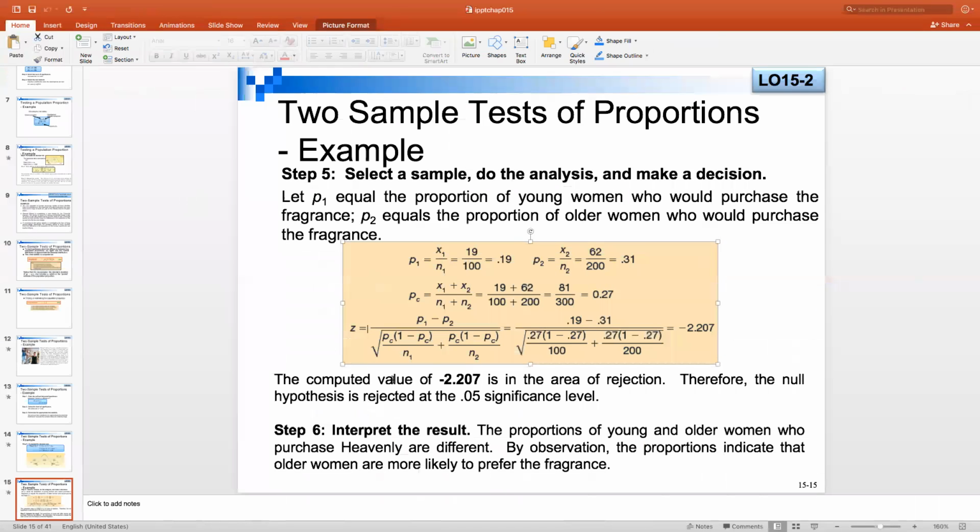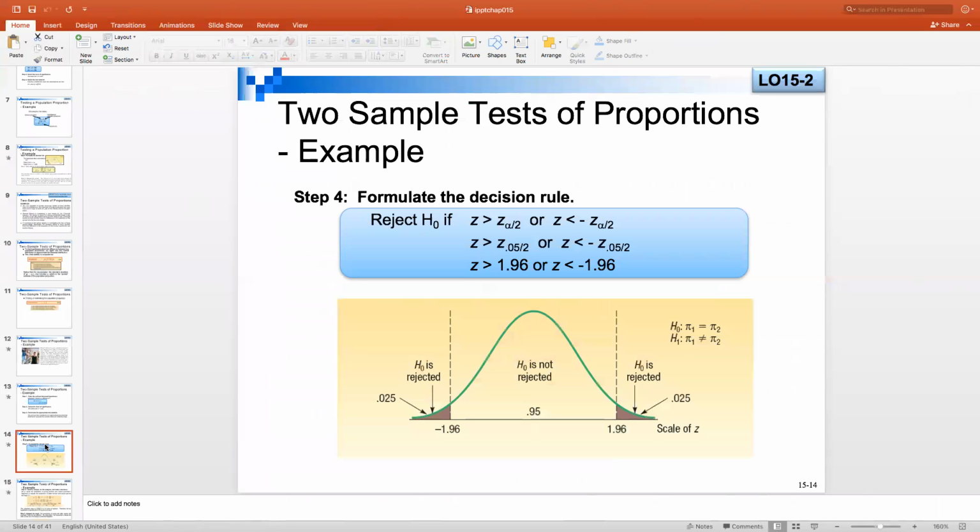So what we're concluding here is that negative 2.207 is our computed value, keeping in mind that our critical Z was what? What was our critical Z?